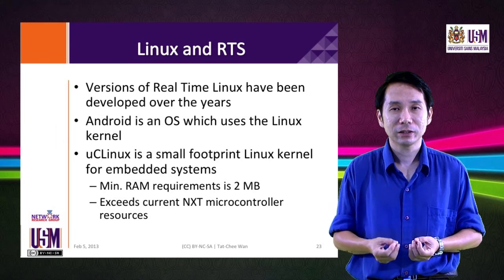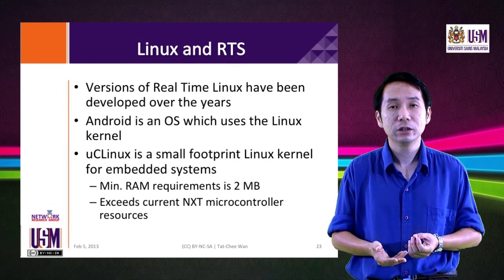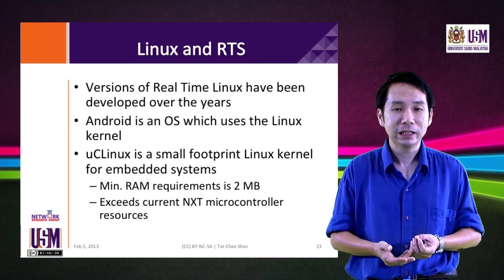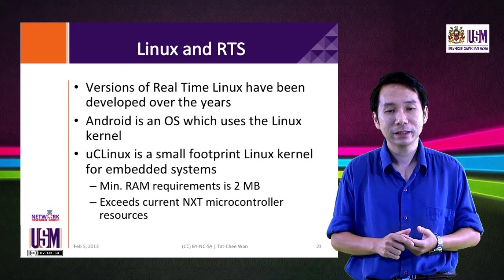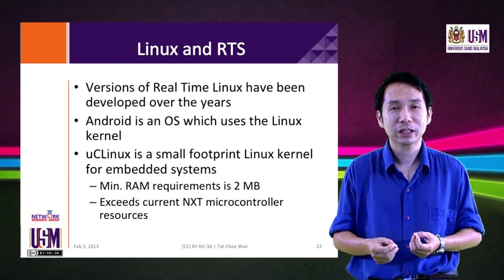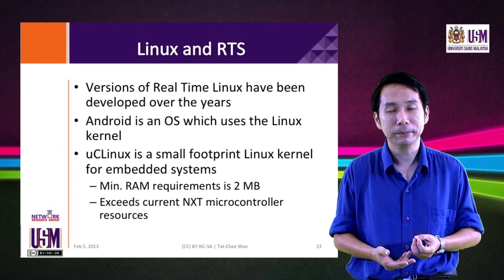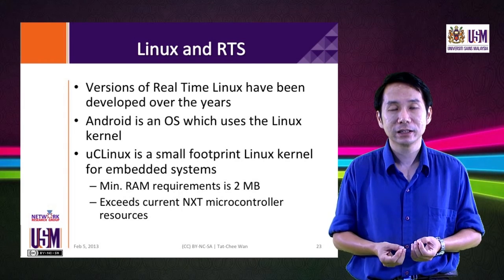Another Linux operating system, uClinux, is a small footprint Linux kernel for embedded systems, but it needs a minimum RAM requirement of 2 megabytes, and this exceeds the current NXT microcontroller resources because it only comes with 64K of RAM. So unfortunately, we are not able to run Linux on the NXT platform.